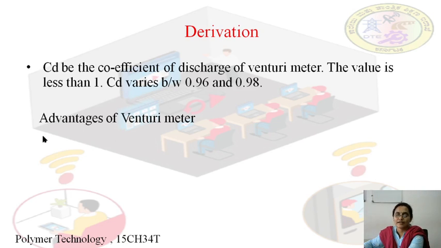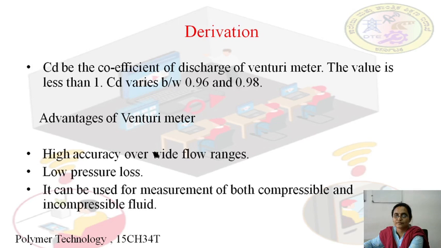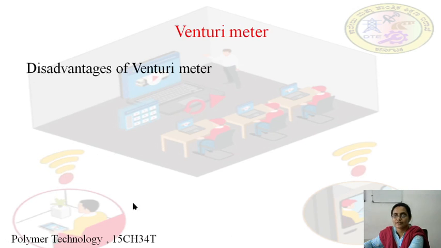Let us see the advantages of the venturimeter. It can be used in a wide range of flow ranges. It has low pressure loss. It can be used for measurement of both compressible and incompressible fluids. Disadvantages of the venturimeter: it is expensive and bulky.